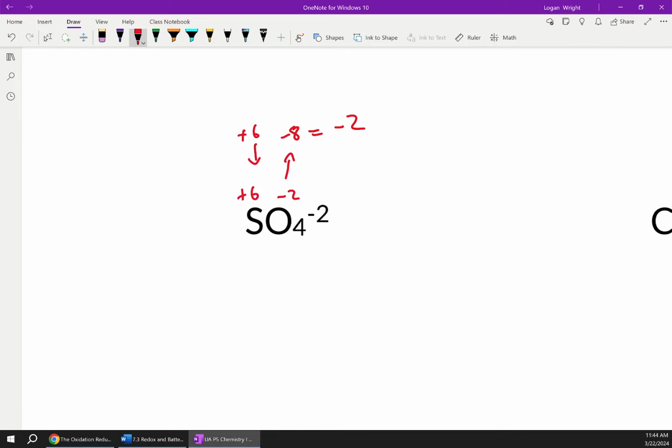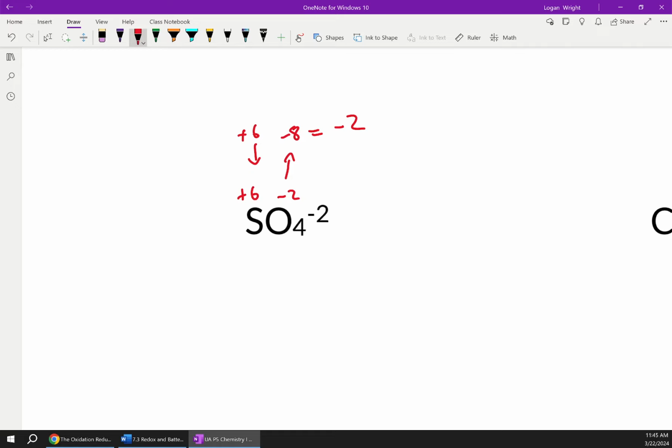And this is also a demonstration of why you can't just look at the periodic table. The sulfur ion has a -2 charge. Sulfur in this compound has an oxidation state of +6, which is not -2. So why did you find the oxygen before the sulfur?